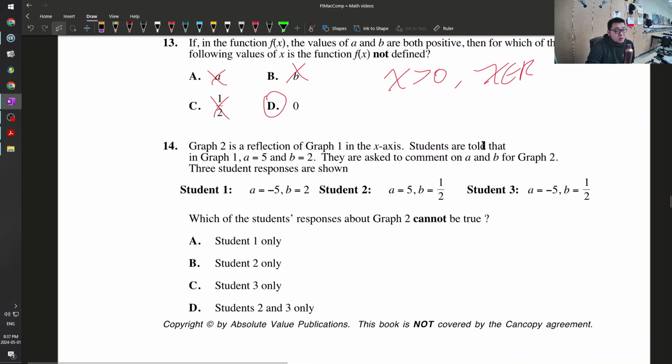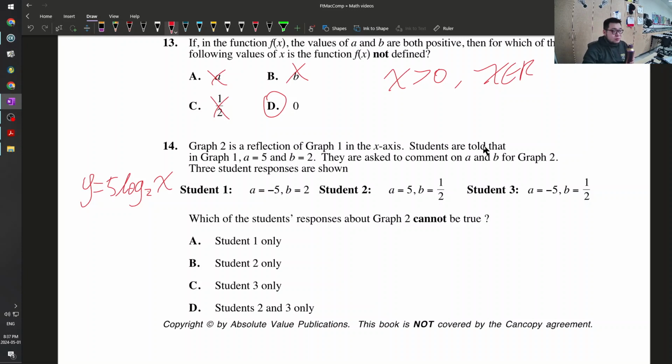14. Graph 2 is a reflection of graph 1 in the x-axis. Students are told in graph 1, a is equal to 5, b is equal to 2. So y is equal to 5 log base 2 of x. They ask to comment on student a and b for graph 2.